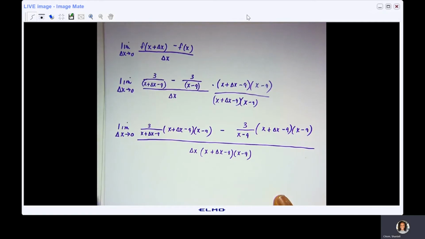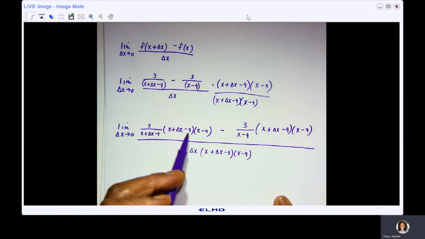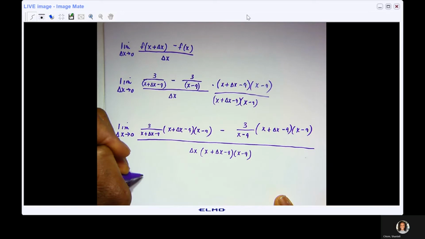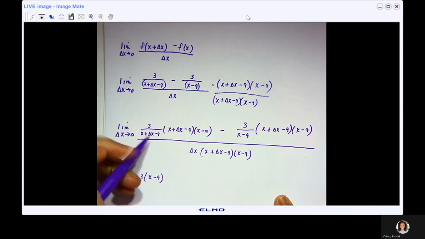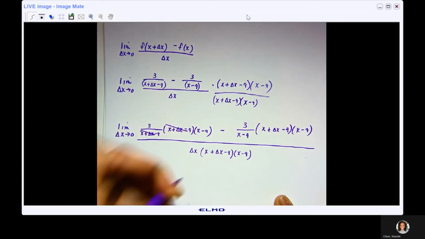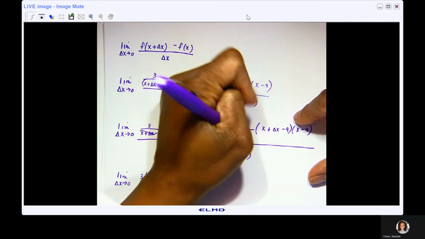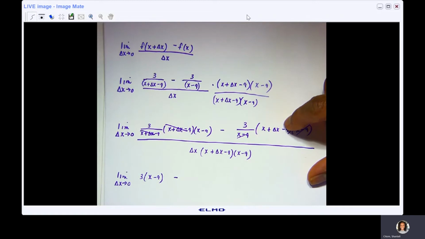So what's going to happen is all denominators with 3 times. We got minus 3 times x plus delta x.